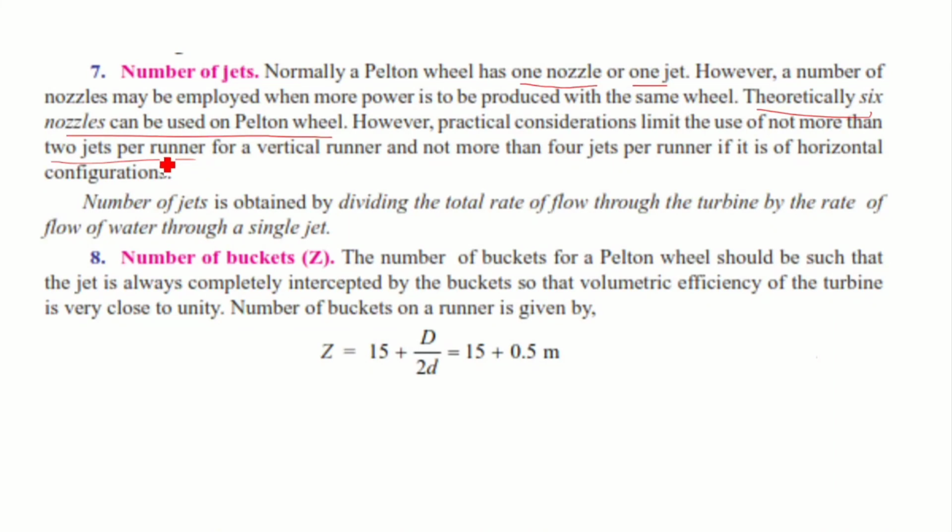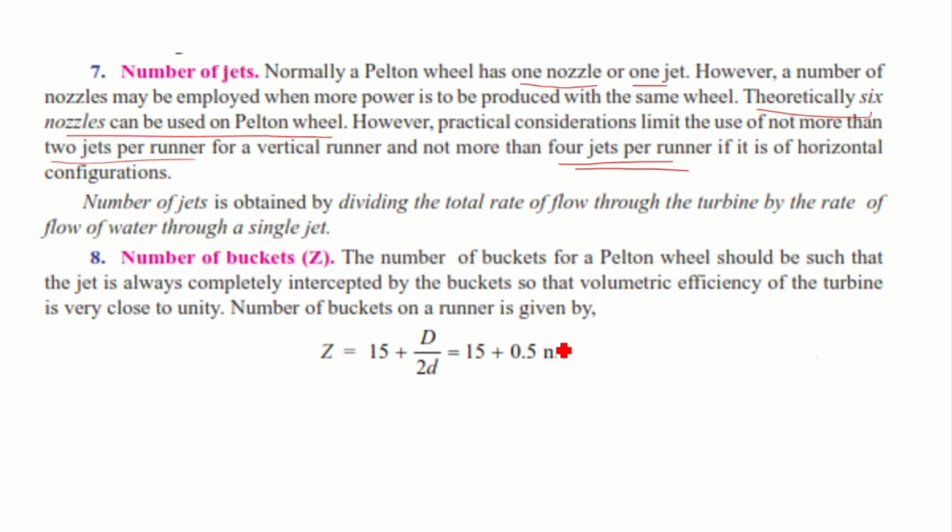So for vertical turbines, the number of jets is limited to two, and for horizontal turbines, not more than four jets per runner. The number of jets is obtained by dividing the total rate of flow through the turbine by the rate of flow of water through a single jet.